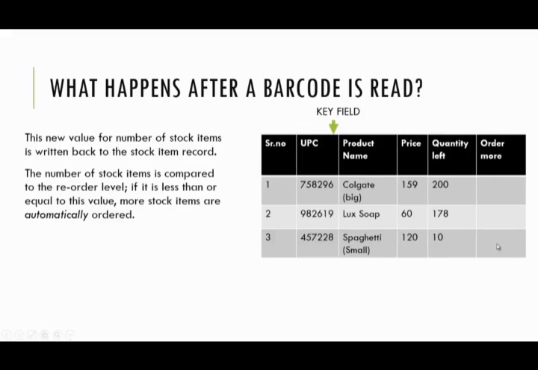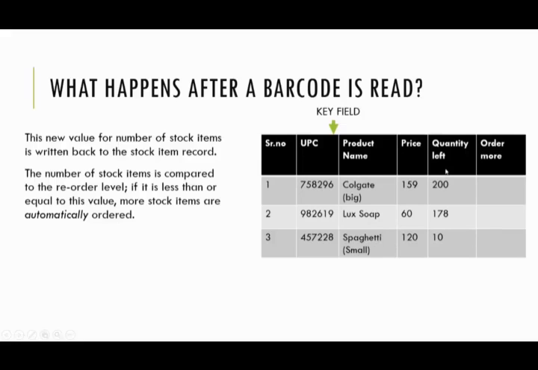In their software, they have a condition, for example, that when the quantity is less than 11, then order more. It means send an email to the company to send 200 more of this product. This is done automatically.